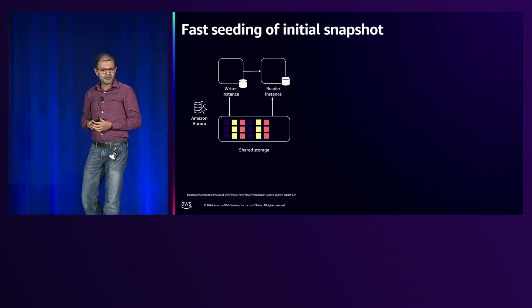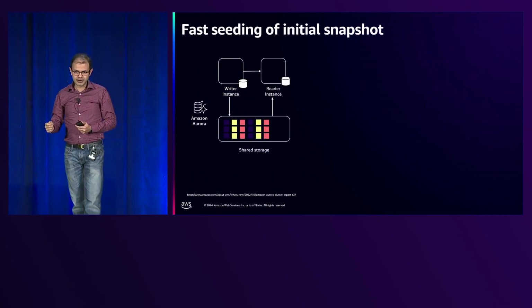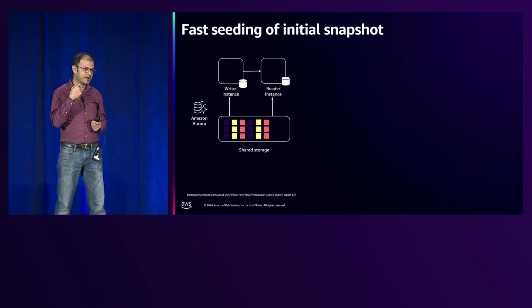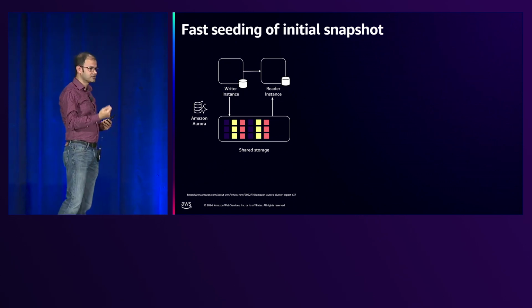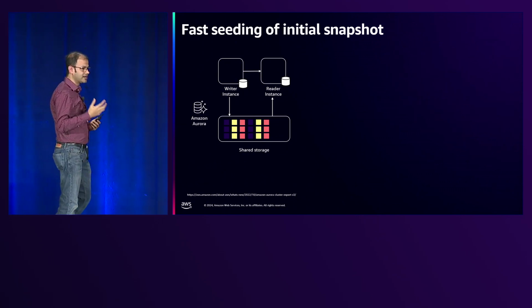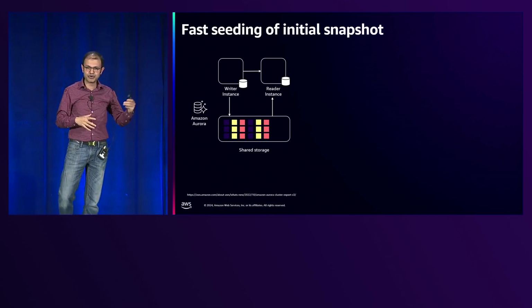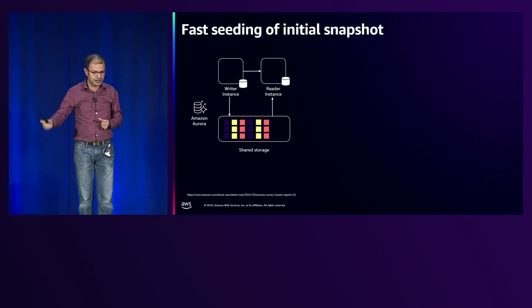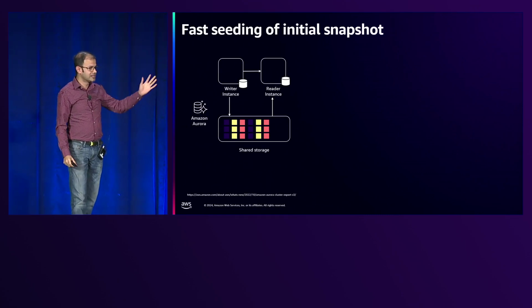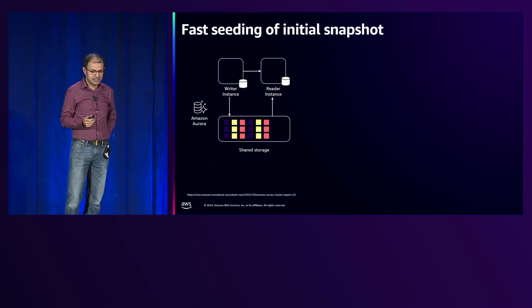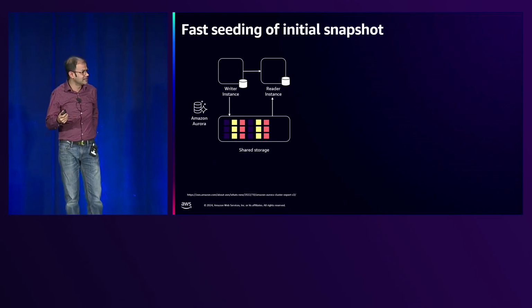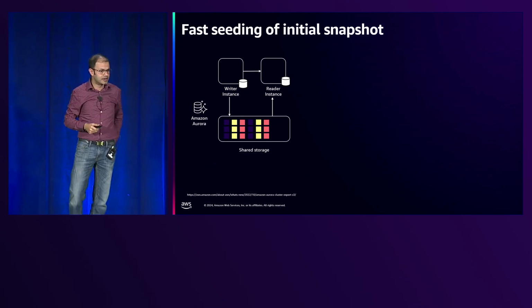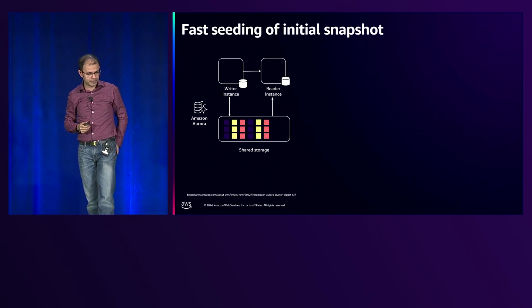With Aurora, we have taken a step further, because Aurora has been purpose-built with Amazon's technology, where we have innovated in decoupling the compute from the storage. We were able to take it even further. In this setup, you are seeing a writer instance, a reader instance, and the decoupled storage layer of Aurora.